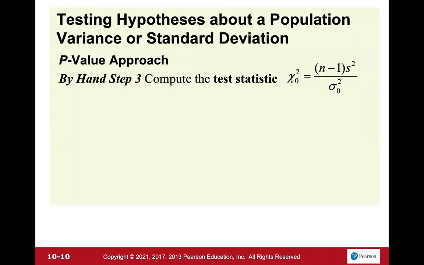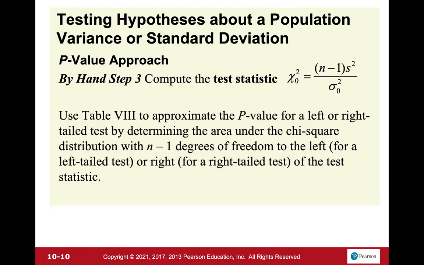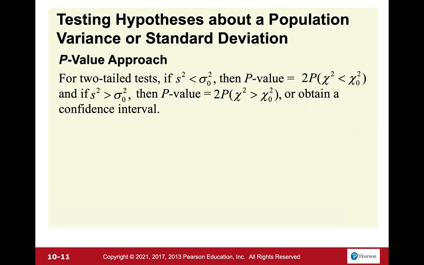Here by hand is our p-value approach: compute the test statistic and not use a table. We're going to use Excel to see what our probability is of falling into these rejection regions. If the p-value is smaller than our significance level, then we reject.